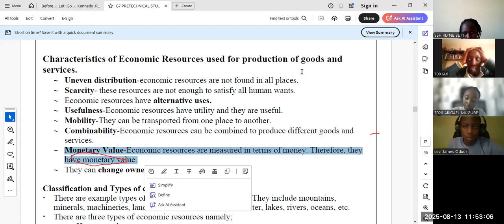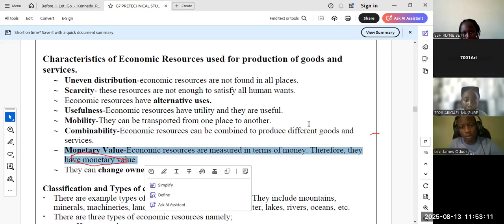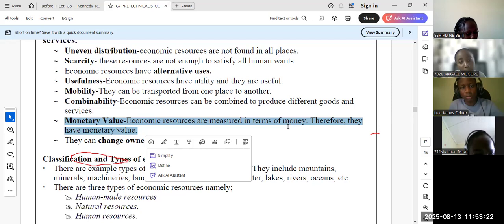You see, they are attaching the value of that land to monetary value. So we are saying economic resources have monetary value.